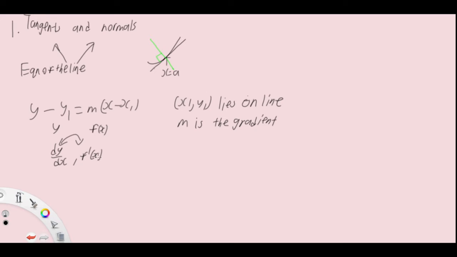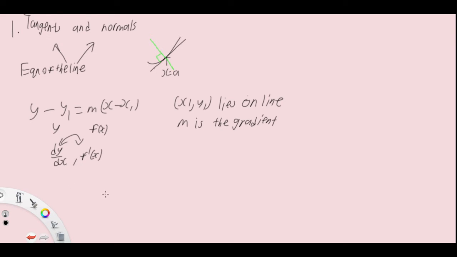And at a particular point x, the gradient at that point will also be the gradient of the tangent. We've seen that in the introduction of differentiation, and it is actually the core idea, the first principle of differentiation. As such, we are able to use differentiation to find the gradient of the line, and also the whole equation of the line of the tangent and the normal. But first, let's just look at tangent.